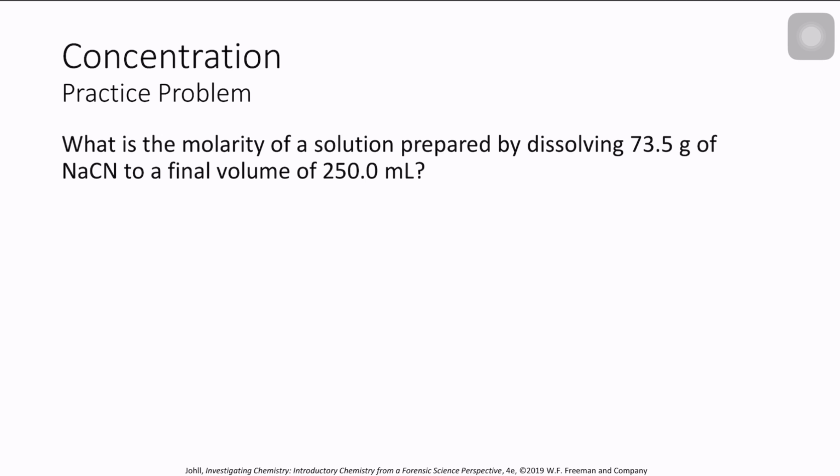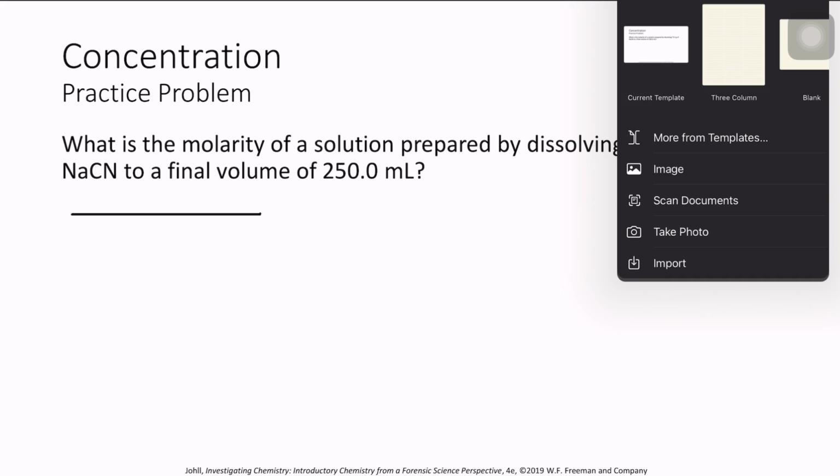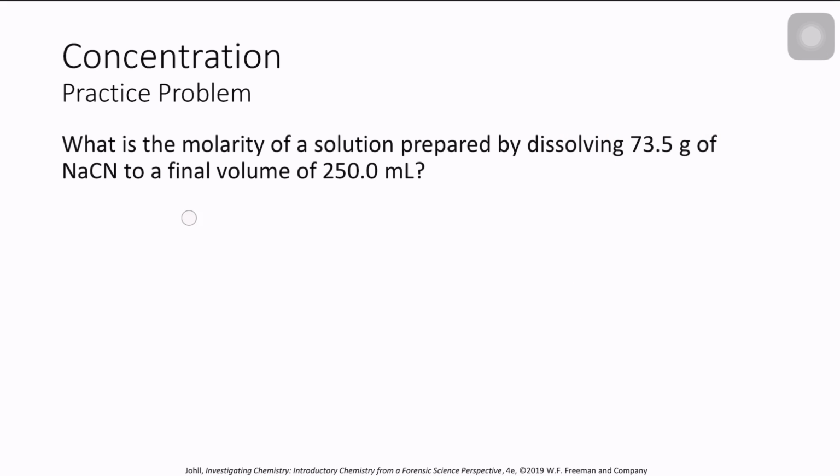So I know that molarity, which is given the symbol capital M, is equal to moles of the solute per liter of solution. So I need to figure out the moles of my solute and how many liters of solution I have. So the first thing I'm going to do is figure out the moles of my solute.